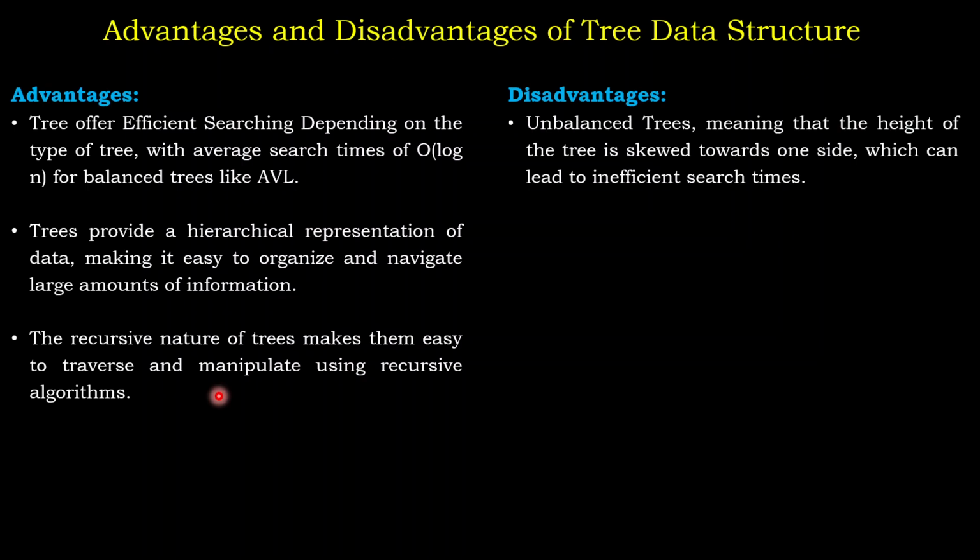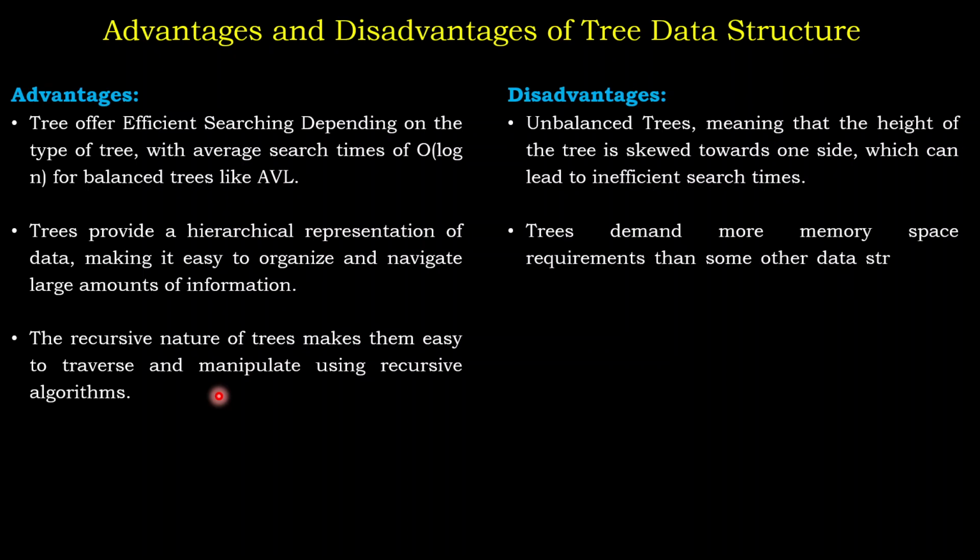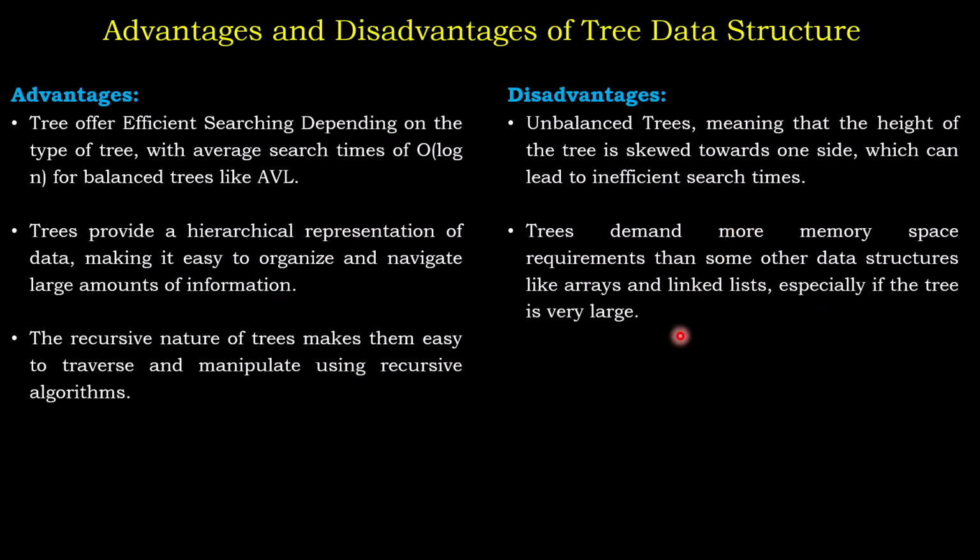And when you talk about the disadvantages, there are unbalanced trees. With unbalanced trees, it is very difficult to go from one node to another, and the tree may be skewed to the left or skewed to the right. So that is one disadvantage.